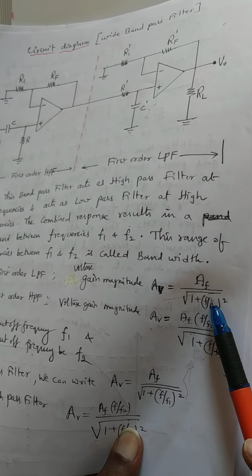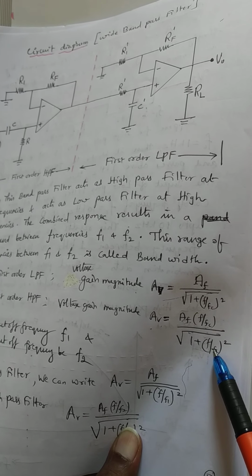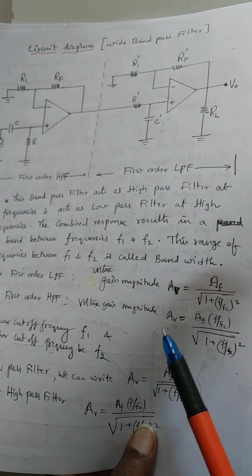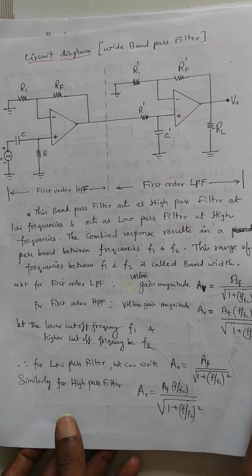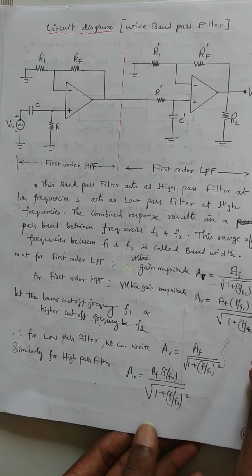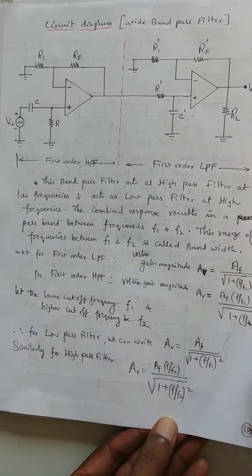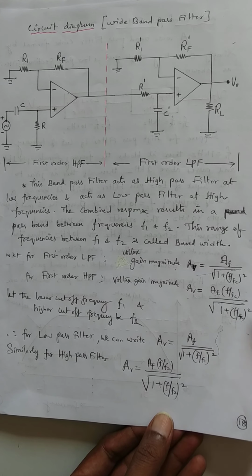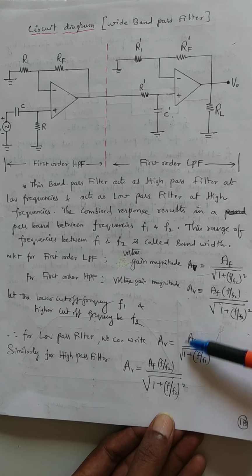So here FC is the cutoff frequency, here also FC is the cutoff frequency in low pass and high pass filter. Since they are connected in cascade, the total gain of this circuit, that is band pass filter, is the product of individual gains.